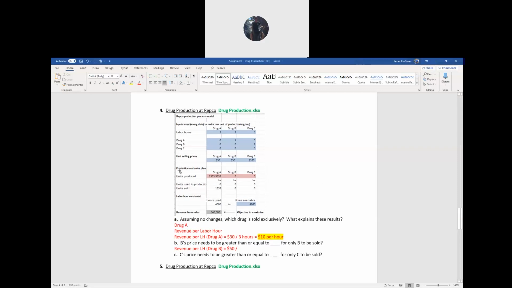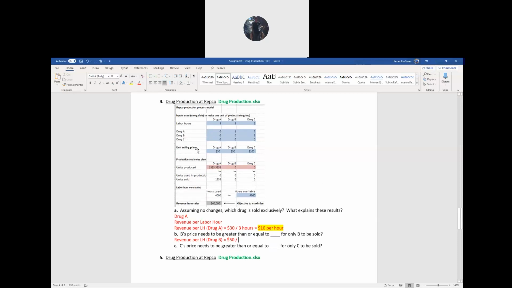So how many hours does it take to make one drug B? Can we figure that out? Six. Yeah, 6. The 3 hours to make the one drug A, plus the 3. 3 plus 3 is 6 hours.